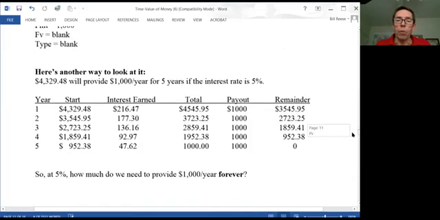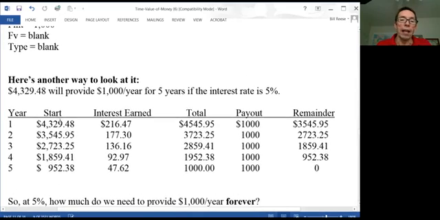So let's suppose that you go to a bank and you deposit in the bank $4,329.48. Well, if it's going to be earning 5% interest, at the end of the year, you earn 5% on the $4,329.48.